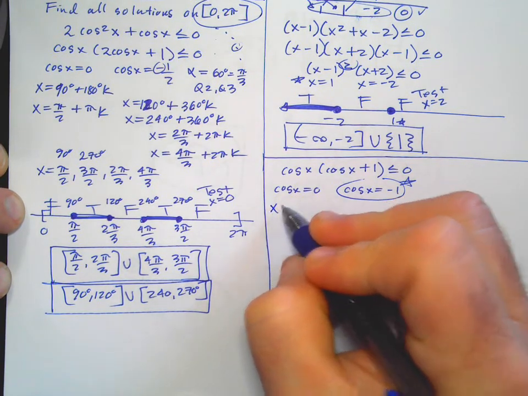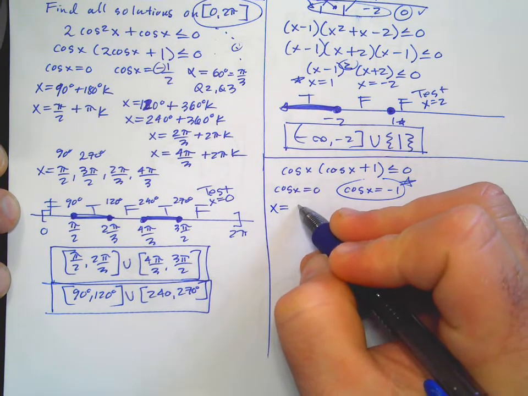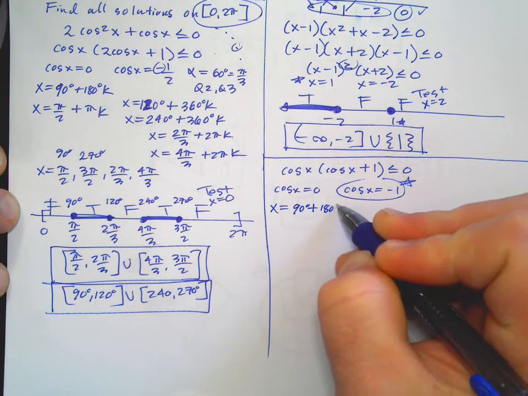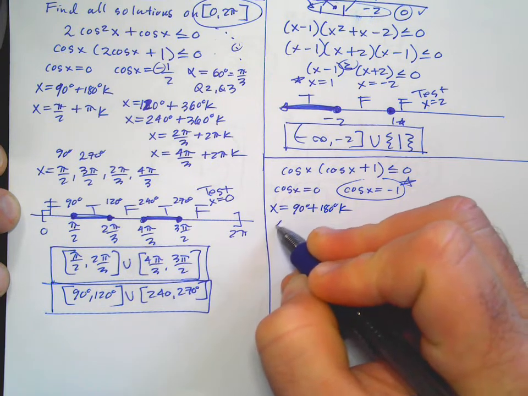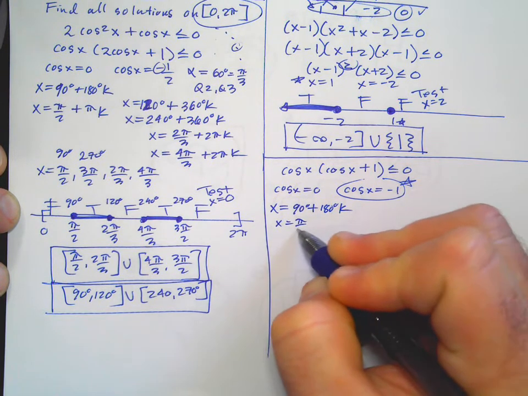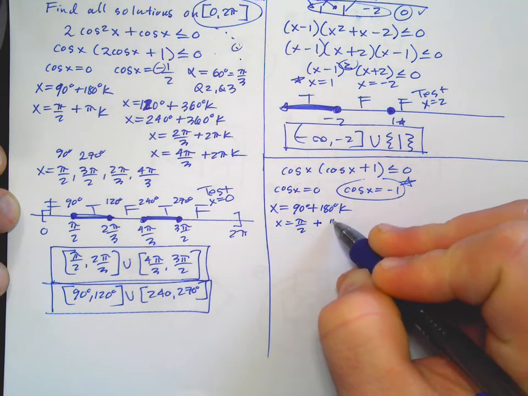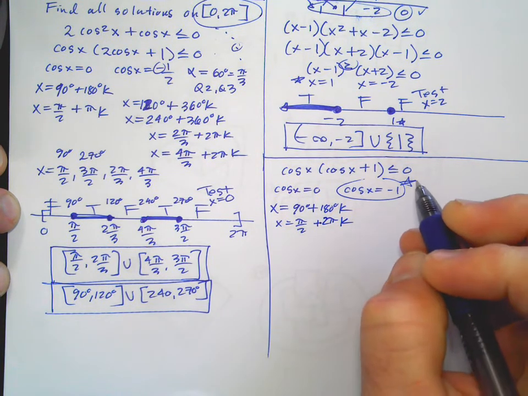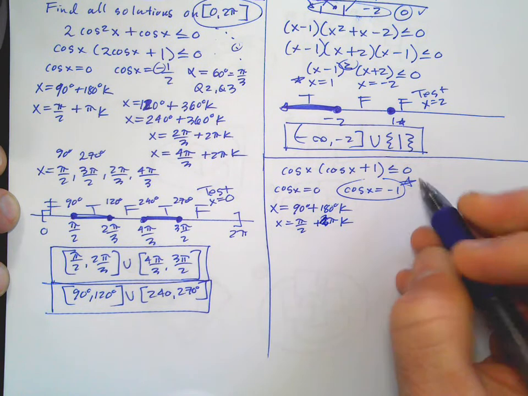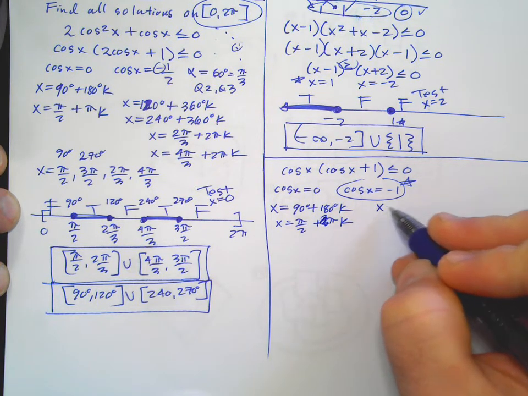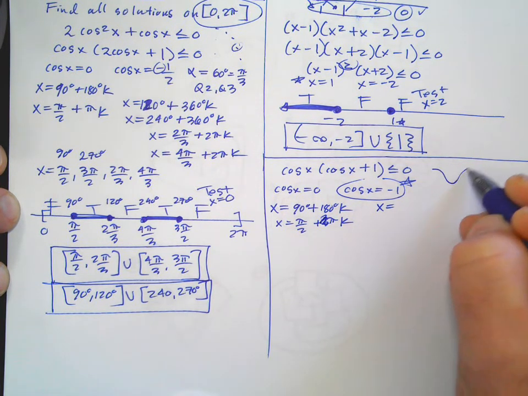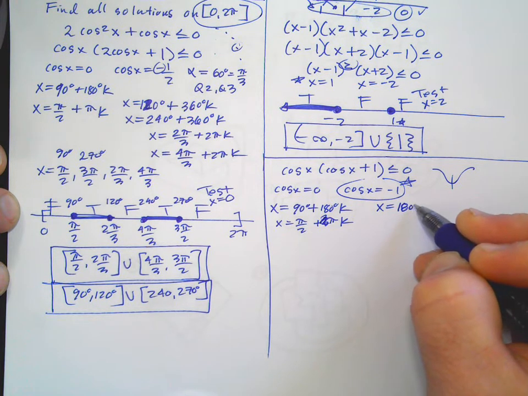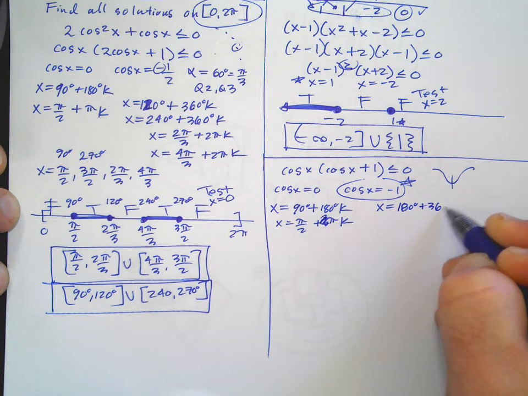So okay, cosine equals -1, right in the middle at pi, 180 degrees plus 360k.